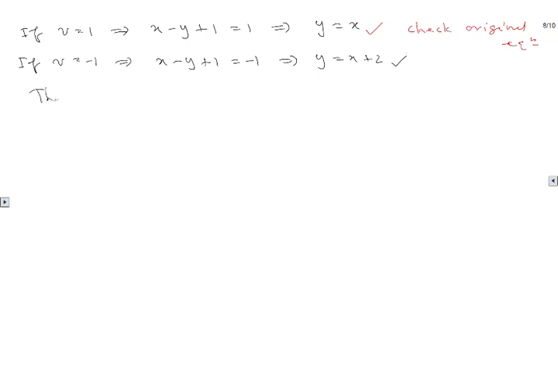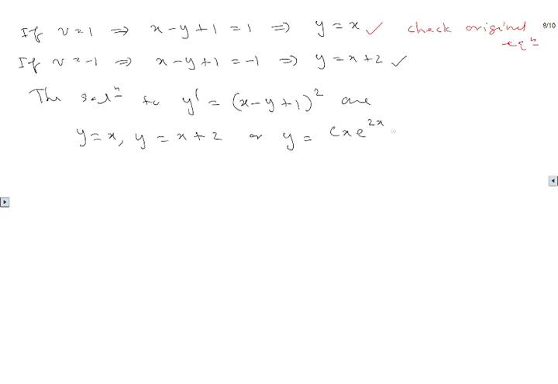So the solution to y prime equal x minus y plus 1 squared, there are a lot of solutions. y equal x, that's one solution, or y equal x plus 2, or y equal the last one that we get, c x e to x minus 2 over c e to x minus 1.